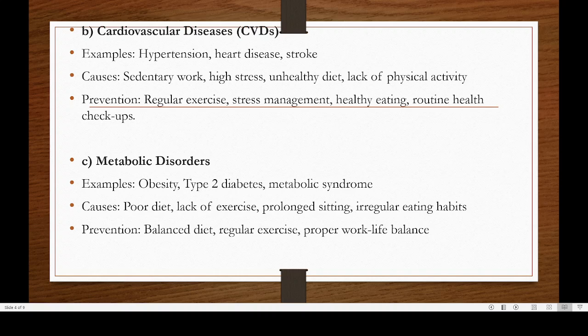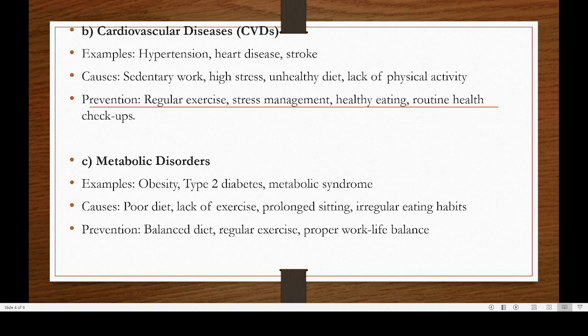After 35 again do. After 35 you should go for more frequent medical checkups, that is every 2 years or every 3 years. Because after 35, the chance is that you will have many problems like blood pressure, cholesterol problems, obesity, back problems.